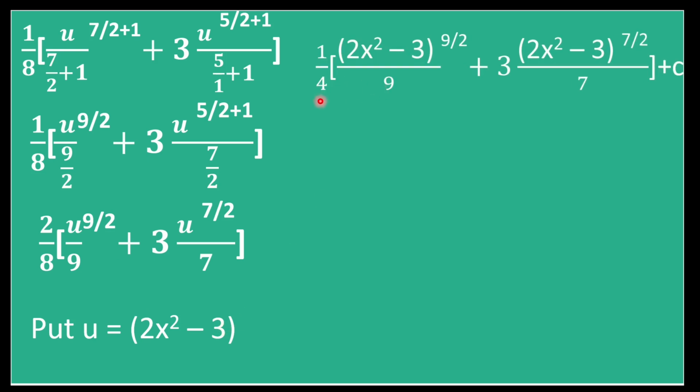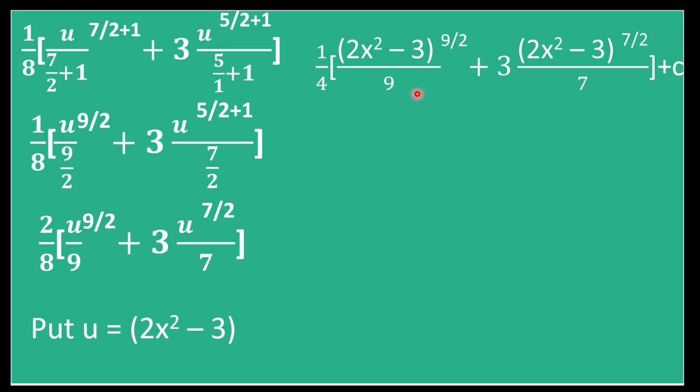So after putting u equal to 2x² − 3, this equation will become like this: here 1/4, and here (2x² − 3)^(9/2) divided by 9. And similarly here u will become 2x² − 3 with power 7/2, divided by 7.